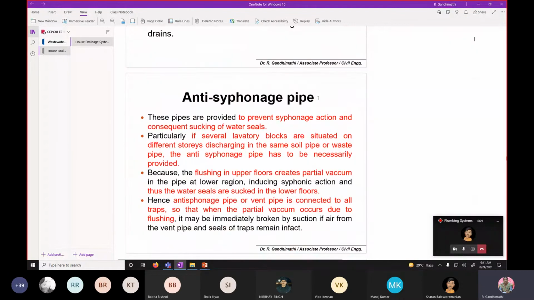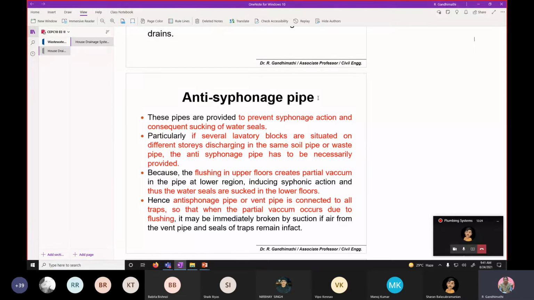Then the next one is the anti-siphonage pipe, which we already discussed in the last class, mainly to prevent siphonic action. Otherwise, it is very difficult to maintain the water seal in the traps. These pipes are provided to prevent siphonic action and consequent sucking of water seals.